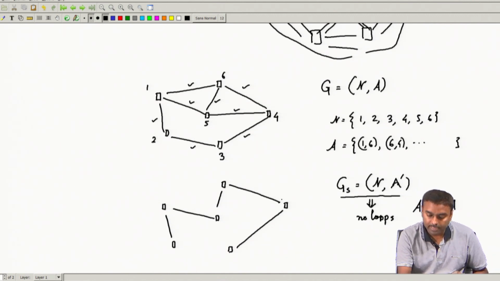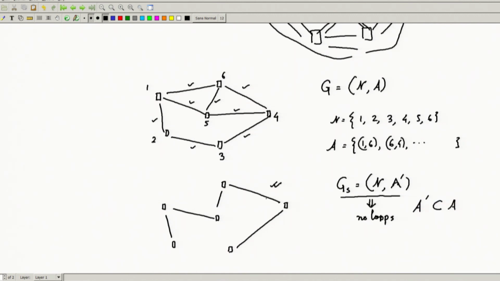If this happens, then this is called the spanning tree of the network or graph. That is what we will have to construct. My algorithm should now construct a spanning tree from this particular graph.